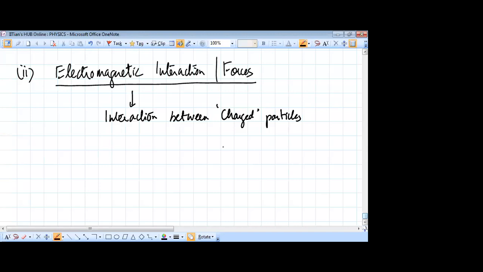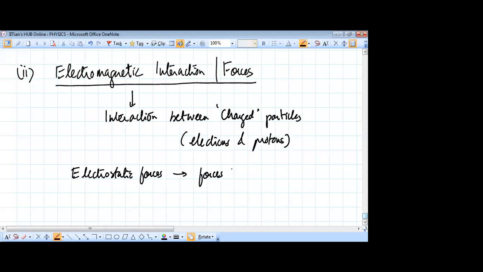So, electromagnetic forces are basically the interaction between charged particles, namely electrons and protons. Electromagnetic forces are of two types: electrostatic forces, that is, forces between charges at rest, and magnetic forces.